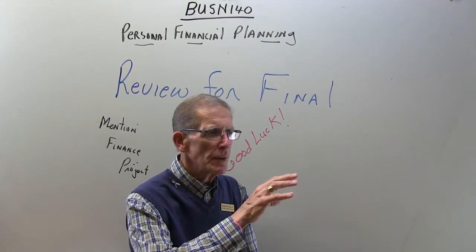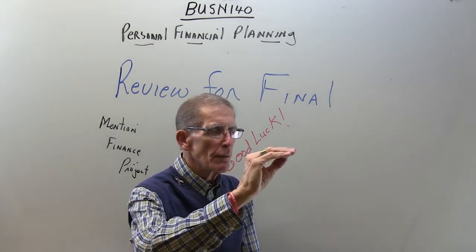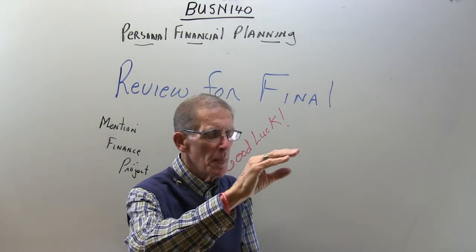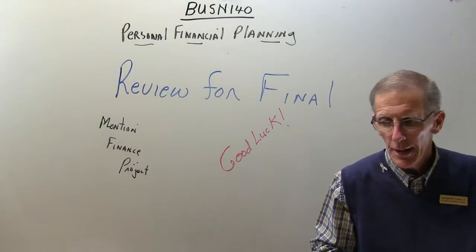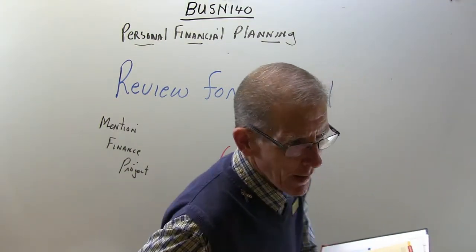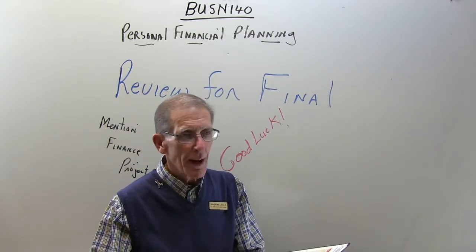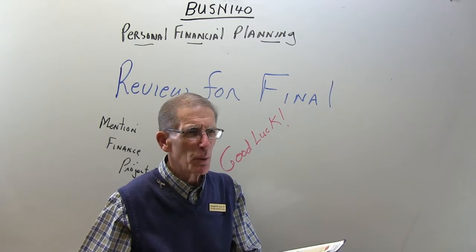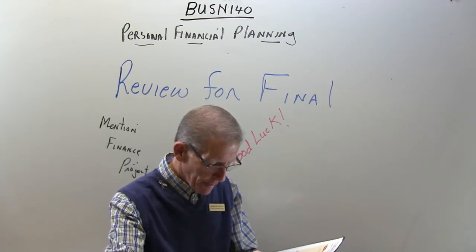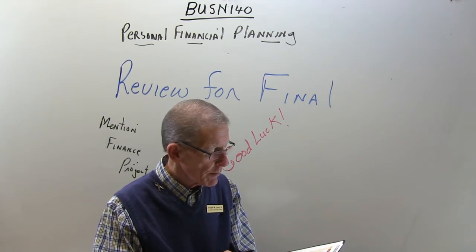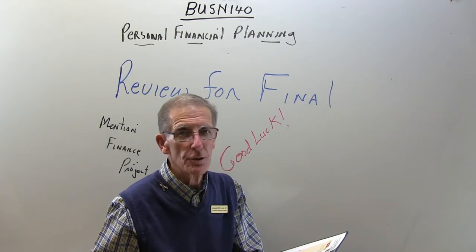So if you have $10,000 today, and you're going to be able to invest that for 10 years, and you think that you're going to be able to get, say, 4% interest on it, then you need to make that calculation.